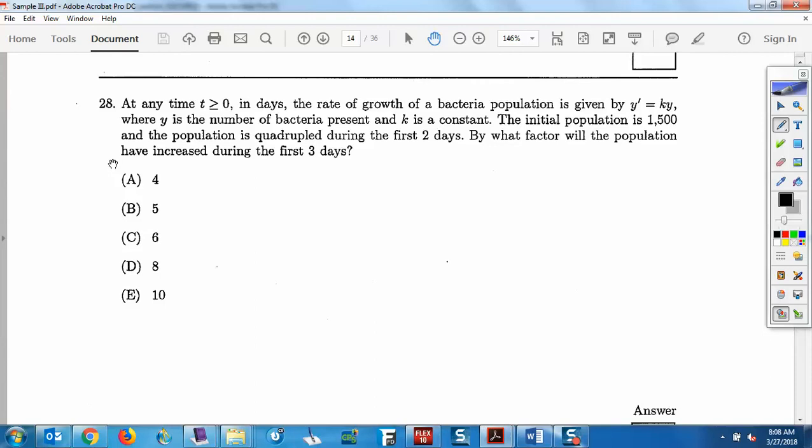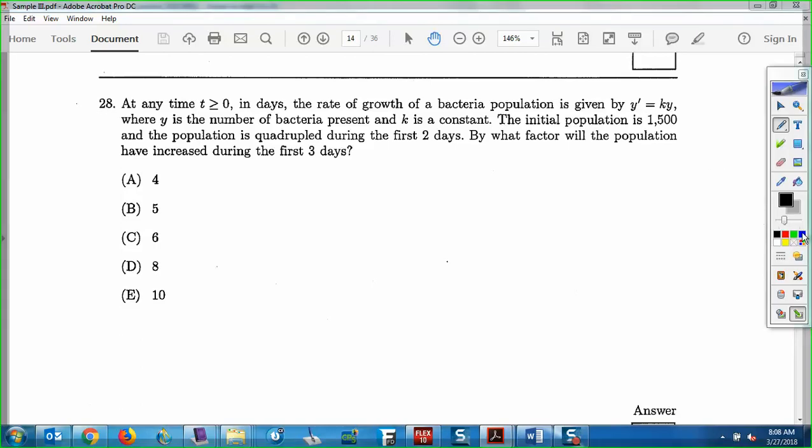All right, 28. Rate of growth of bacteria populations given by y prime equals ky. From a purely review standpoint, one of the things we'll want to work on over the course of the next month as we're reviewing is reminding ourselves of all these different things we've talked about.